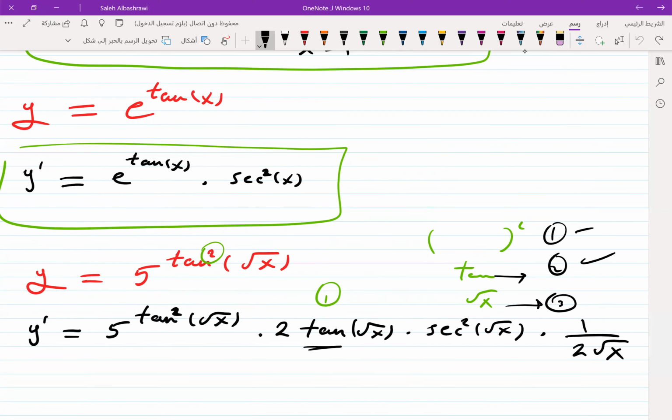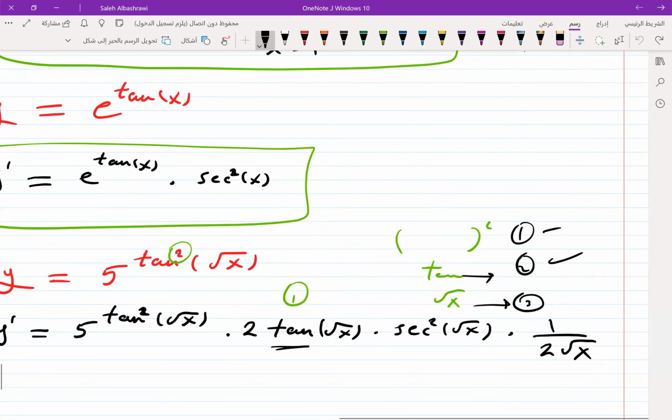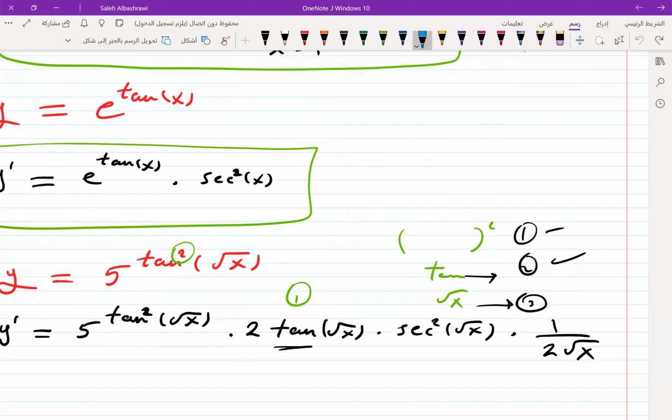I will get secant square root of x multiplied by 1 over 2 square root of x. That is the derivative of the square root of x, the angle. But don't forget, still we have one more. One more is the base. So this must be multiplied by ln of 5.